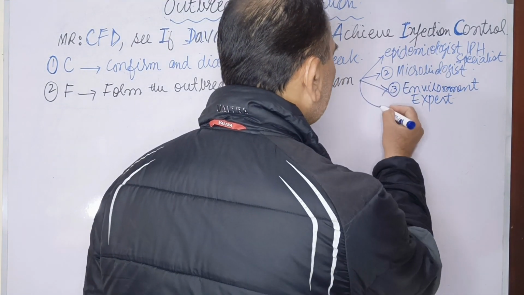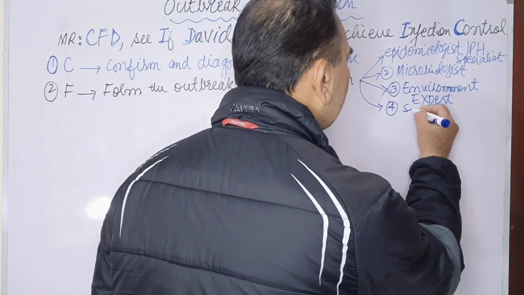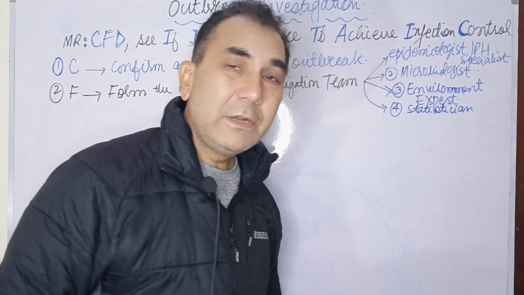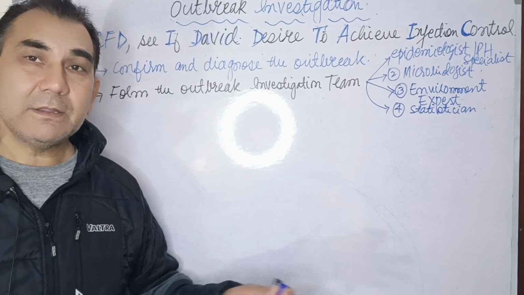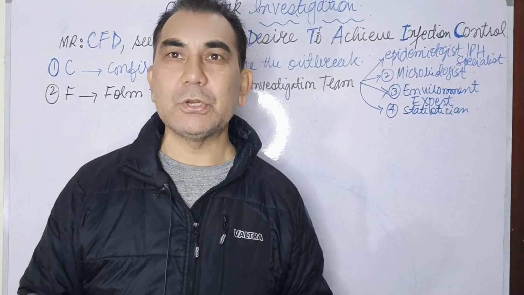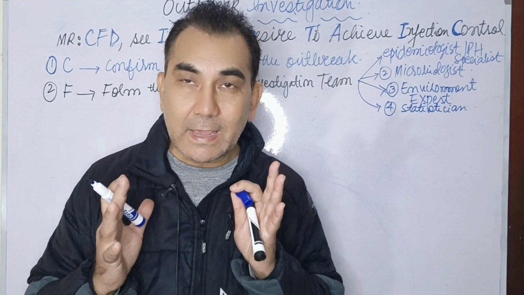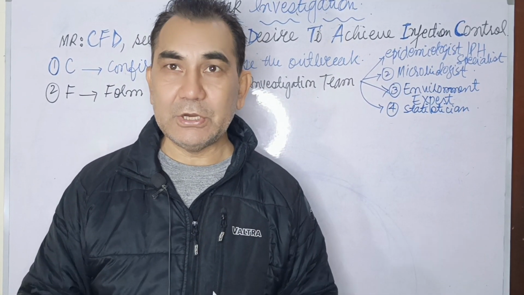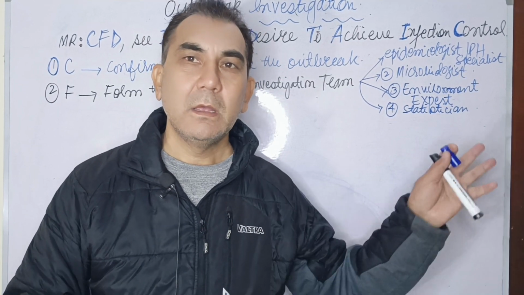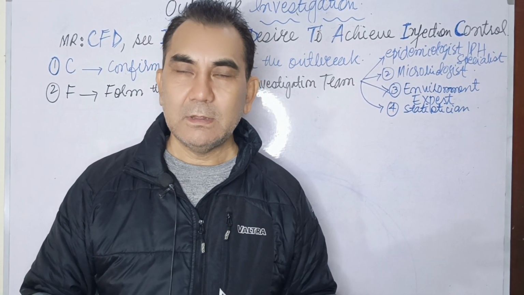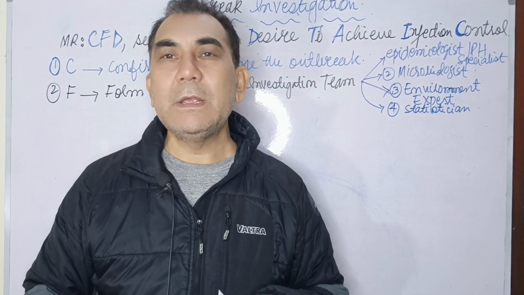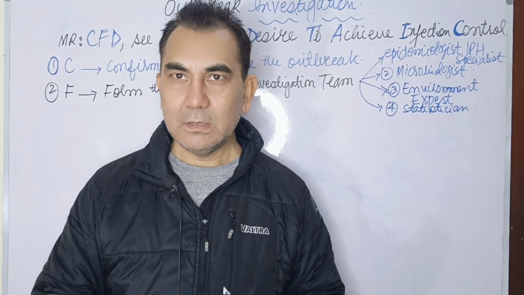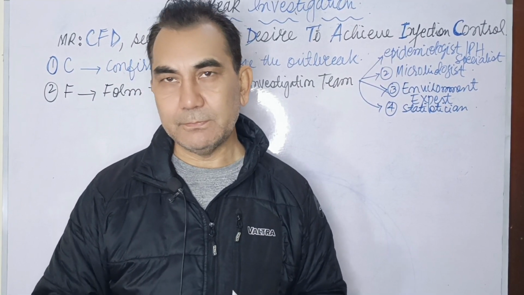Now the fourth one, you can keep a statistician. Definitely, when you collect the data or information about any particular outbreak investigation, that data will be collected, interpreted and analyzed by a statistician, who will bring the concrete result in front of the outbreak investigation team.